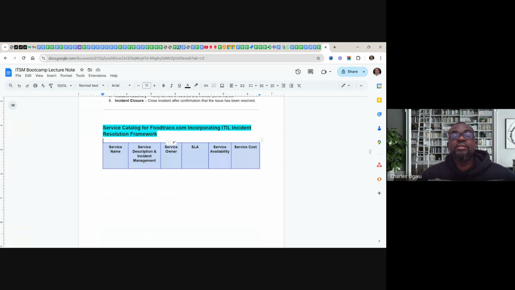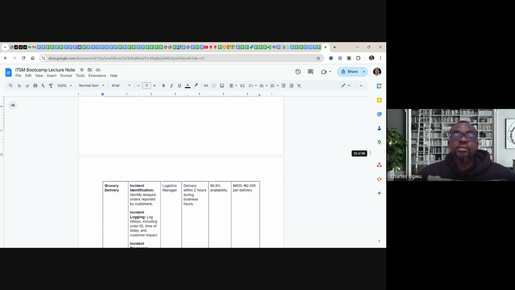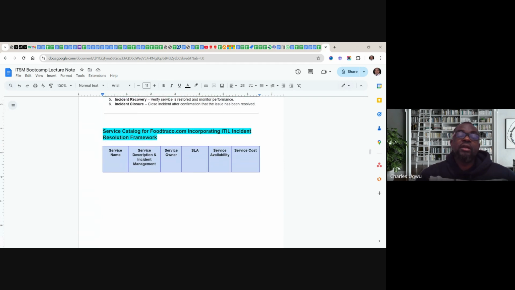Which department? And which department are they supporting? So service owners are going to be two-way. In this case, the logistics manager is the main owner of the service, but in terms of ITSM unit support, ITSM can break it down within their own unit, who is going to support this.